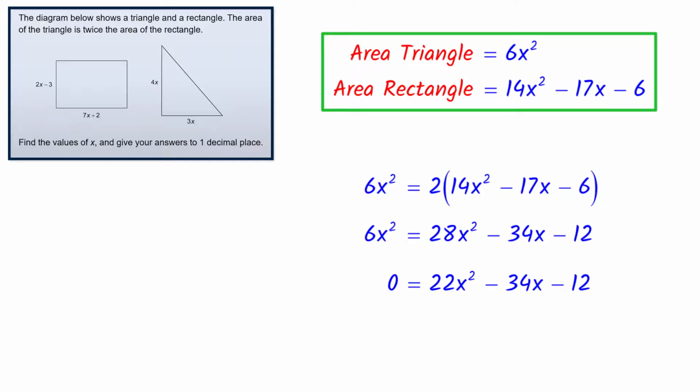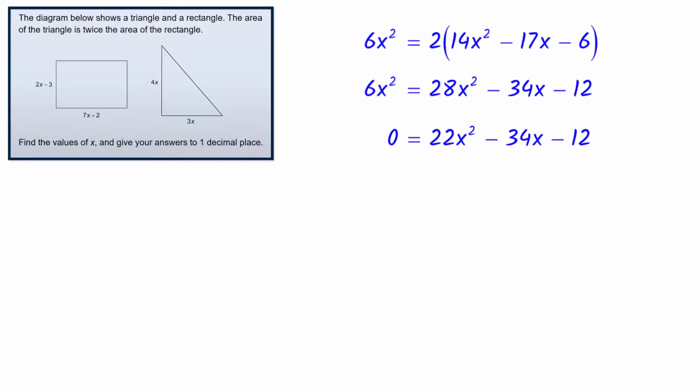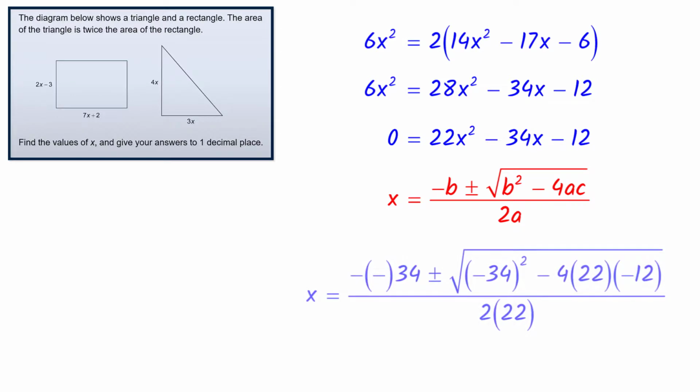Let's use the formula. The quadratic formula is x is equal to minus b plus or minus the square root of b squared minus 4ac all over 2a. So substituting the values of a, b and c in gives x is equal to minus minus 34 plus or minus the square root of minus 34 squared minus 4 times 22 times minus 12 all over 2 times 22.